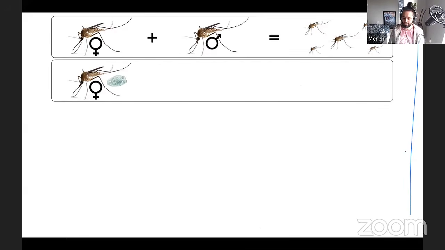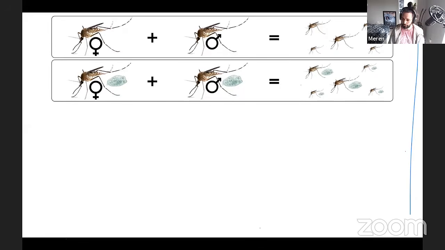When a female mosquito infected by Wolbachia mates with a male mosquito that's infected by Wolbachia, it wouldn't be surprising that all the offspring have Wolbachia. Every member of the resulting offspring will have Wolbachia because it is vertically transmitted from mother to infants.